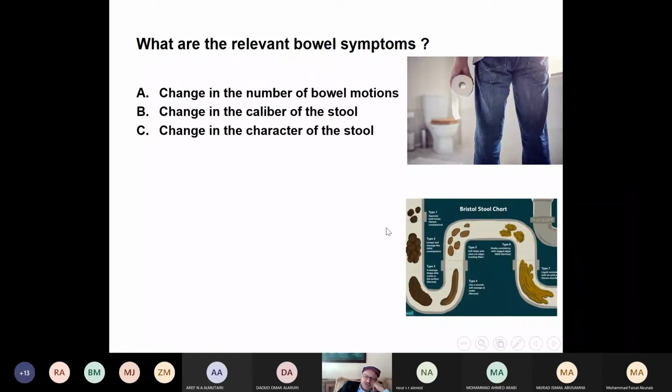So the patient may tell you that the stool has become fragmented, loose, or narrower, the number of bowel motions increased, decreased, or alternated between increase and decrease. So we need to know what was the bowel habit of this patient before her presentation. These are the bowel symptoms. Is there blood in the stool?